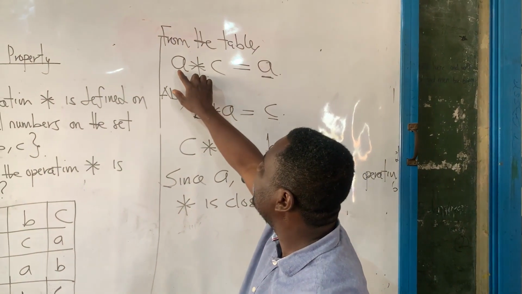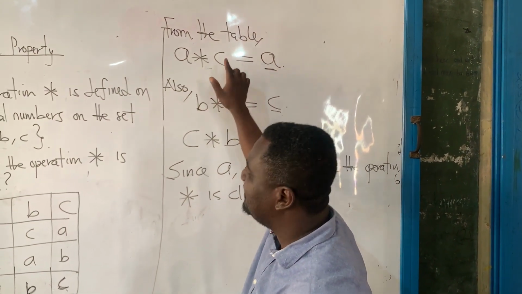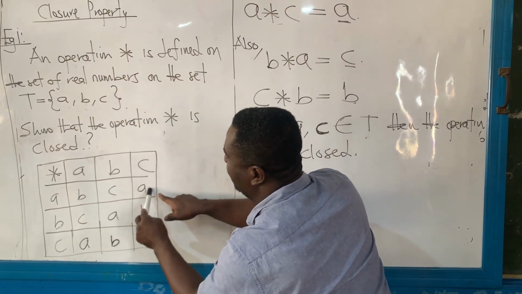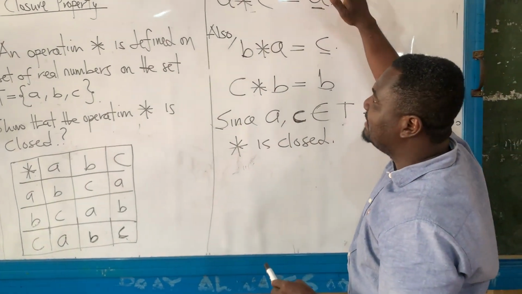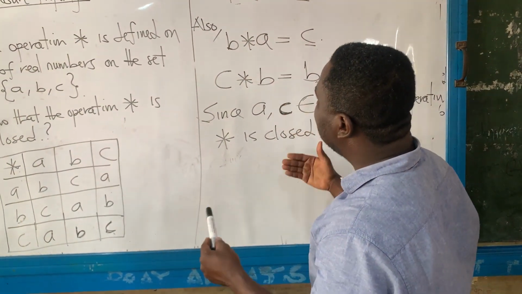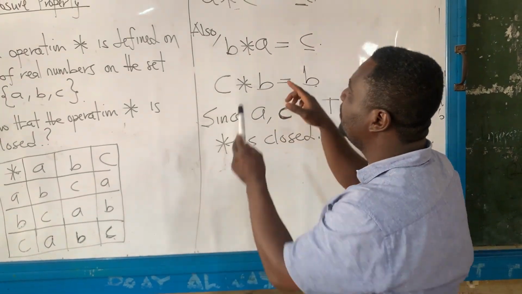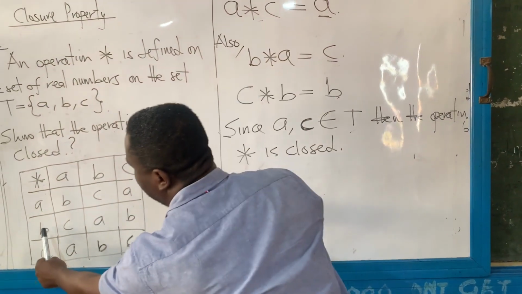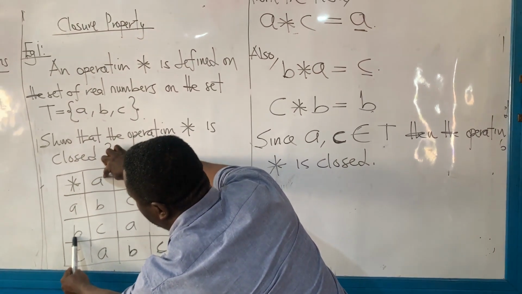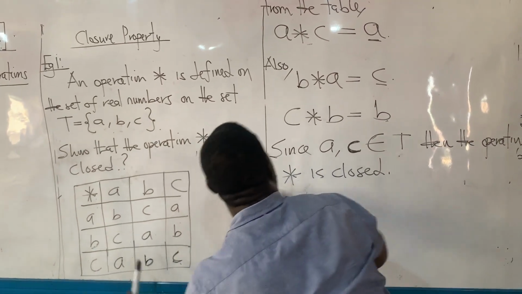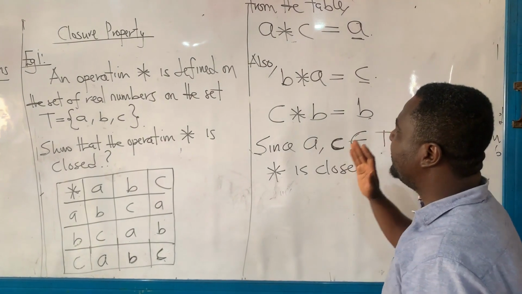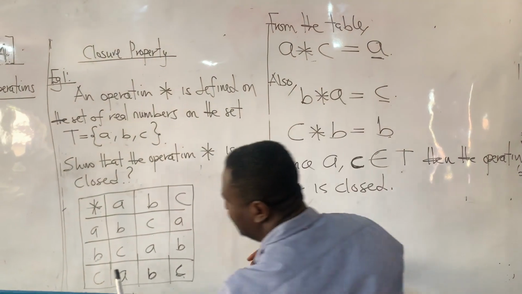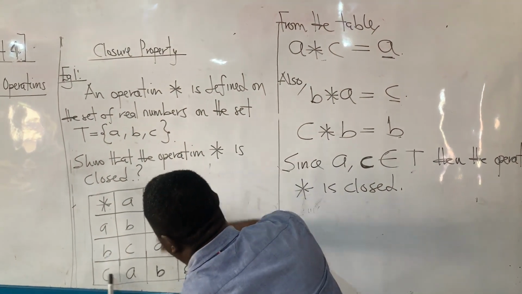So I choose A and C. This is my A, this is my C. From the table, I had the answer to be A. And at the same time, I wanted to be sure of what I'm doing, so I choose another set of numbers, which is B and A. My B is here, my A is here. From the table, I had the answer to be C. And finally, looking at the third example, which is C, B, from the table I had my answer to be B.